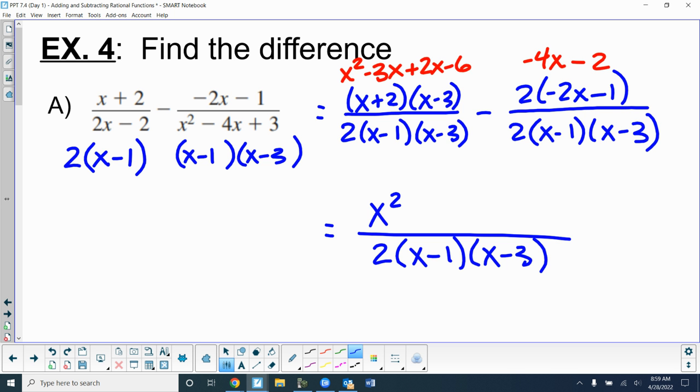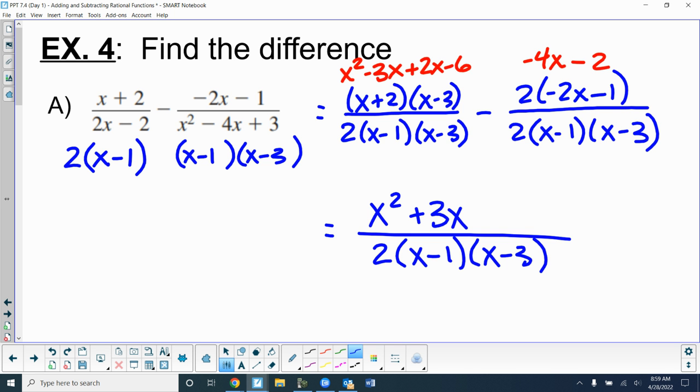So, x squared minus no other x squareds is x squared. What's a negative 3x plus 2x? Negative 1x minus a negative 4x. Negative 1 minus a negative 4 is positive 3, right? Minus a negative is what? Addition, right? So it's negative 1 plus 4, which is 3x.